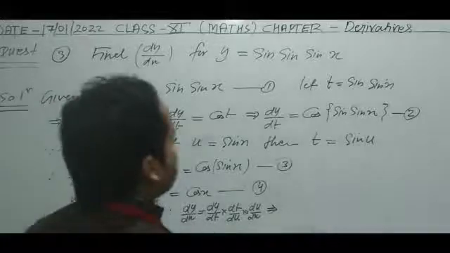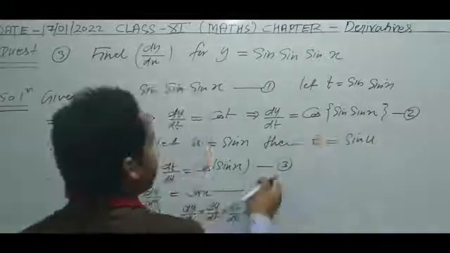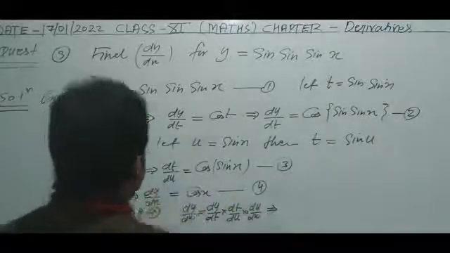So dy by dt result is this, dt by du result is this, and du by dx result is this.